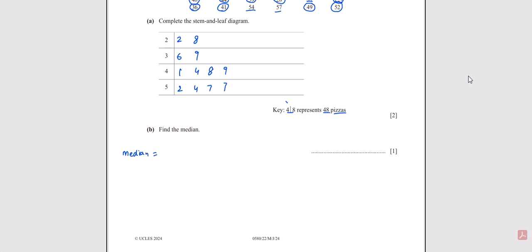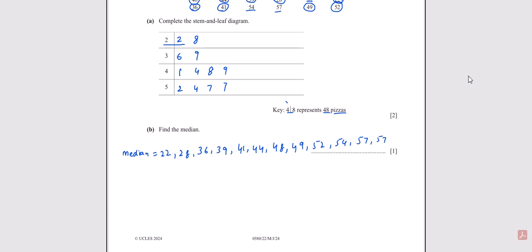Median is equal to, first of all write the numbers: 22, 28, 36, 39, 41, 42, 48, 49, 52, 54, 57 and 57.